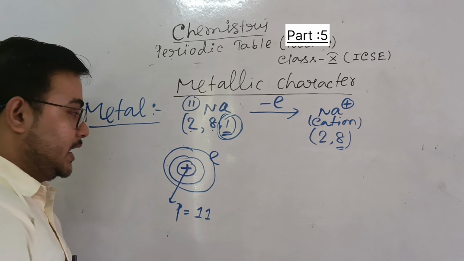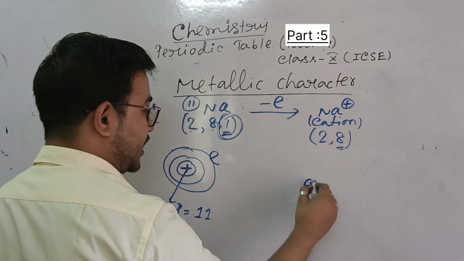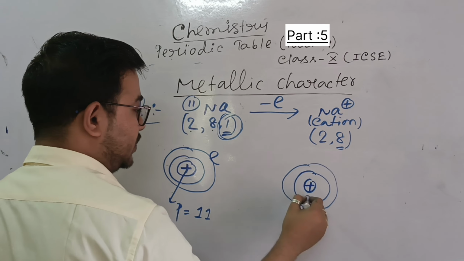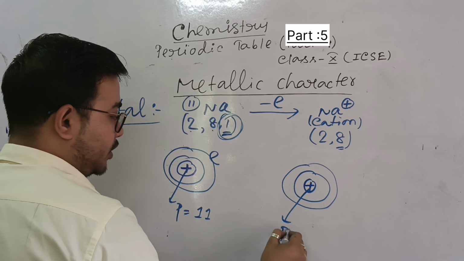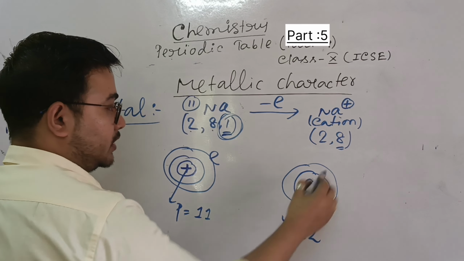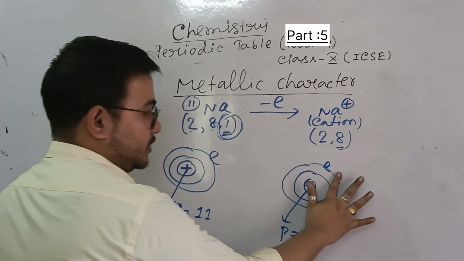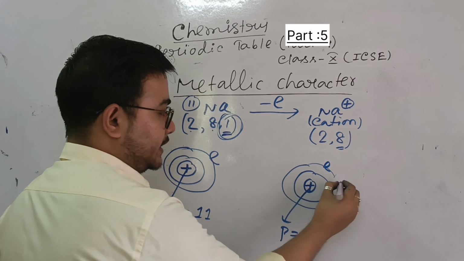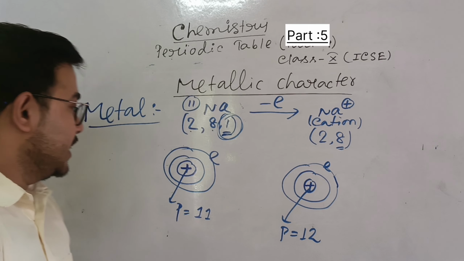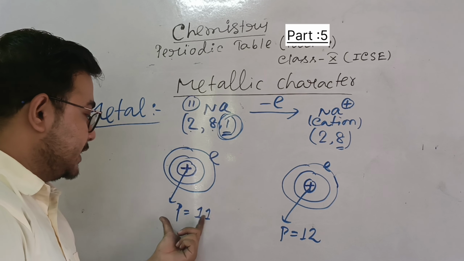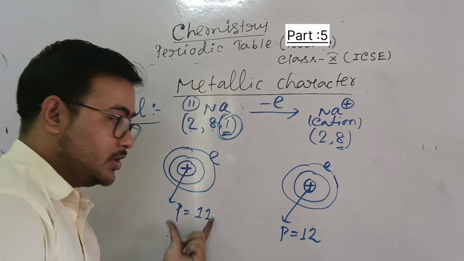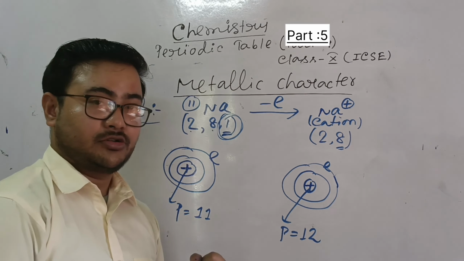Now consider another element. The number of protons is 12, and the outermost shell contains 1 electron. Give focus. First case: the center, that is the nucleus, contains 11 protons. Here the nucleus contains 12 protons.